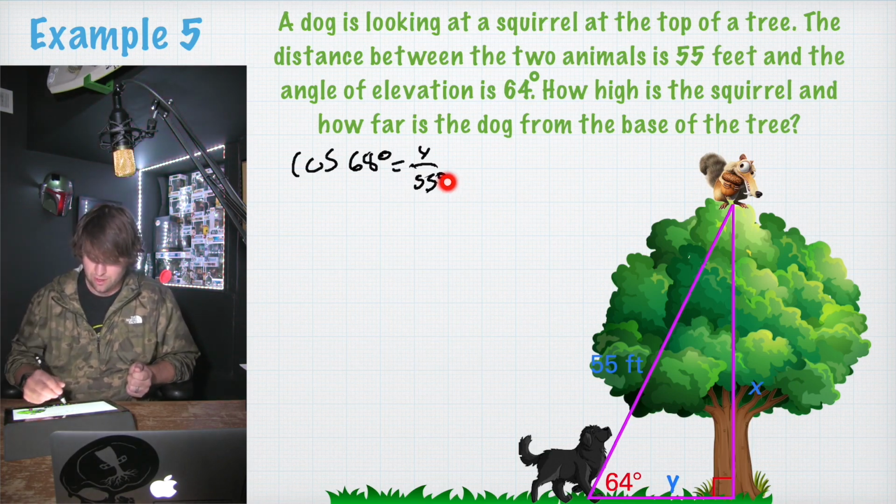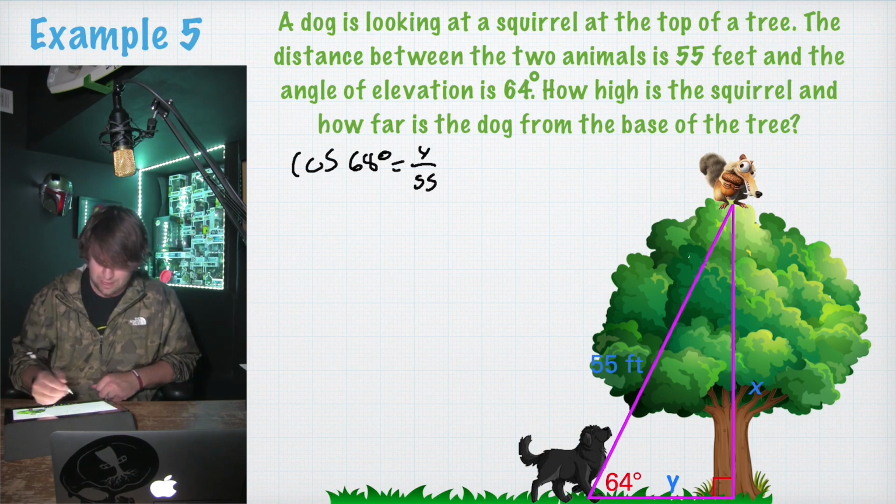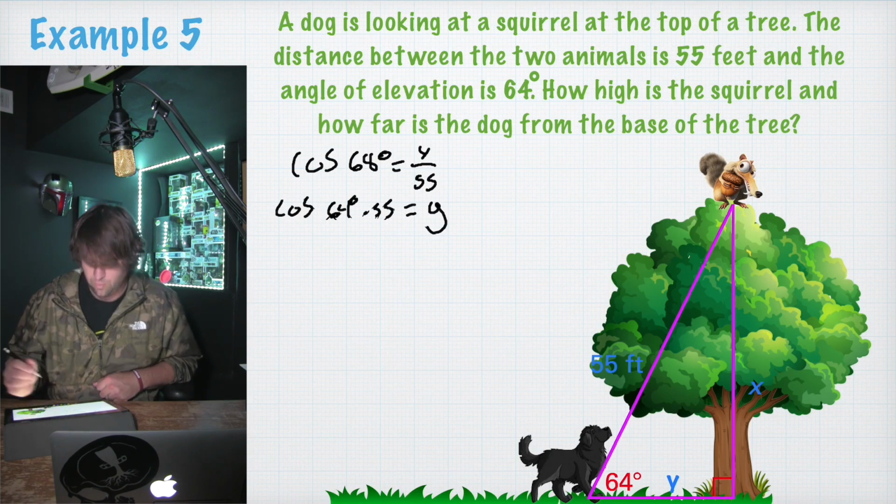Oh, why did I put 55 degrees? Sorry, 55 feet. To solve this, we are going to multiply each side by 55. So cosine 64 degrees times 55 is going to equal y.